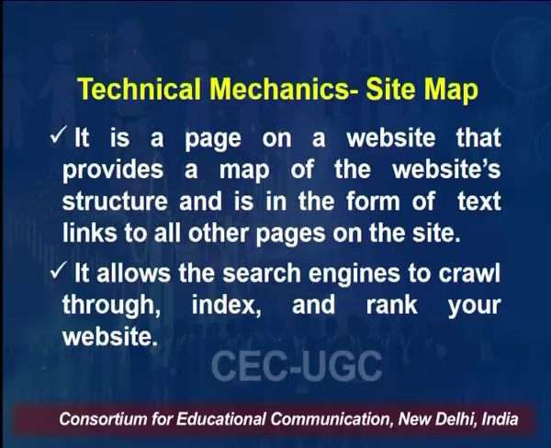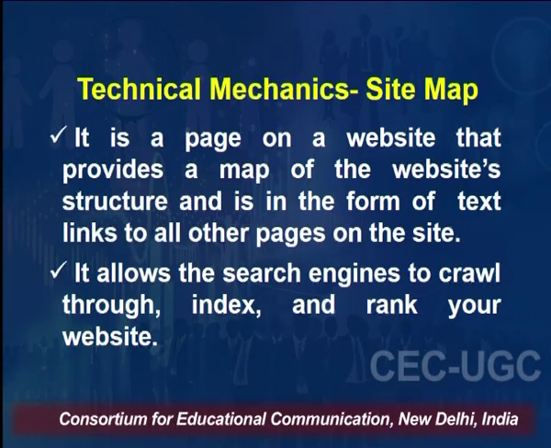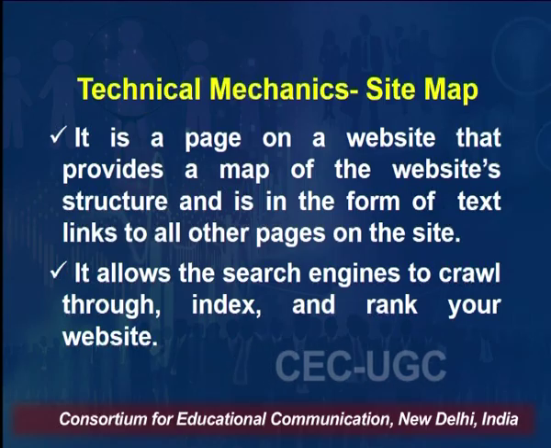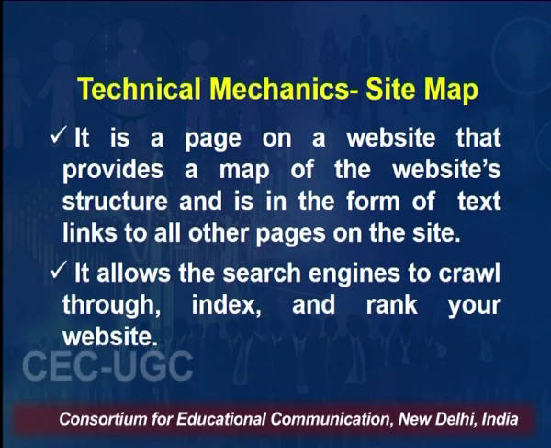What is a site map? It can be understood as a page on a website that provides the map of a website structure. So the map of the site structure is the site map, and it is in the form of text links to all other pages on the site.